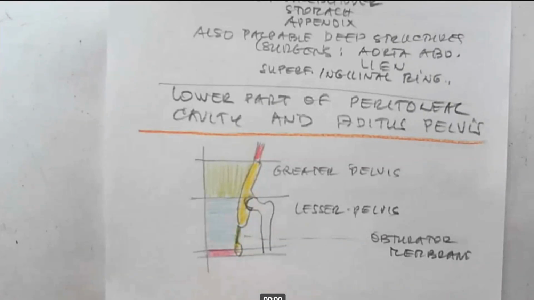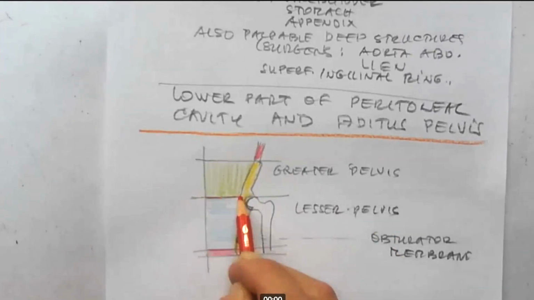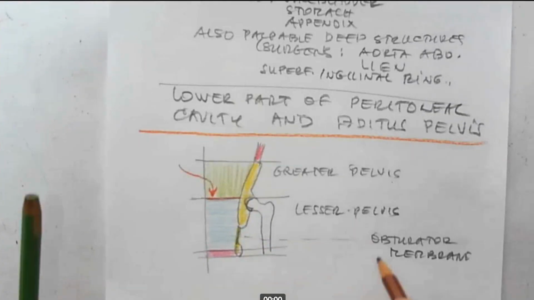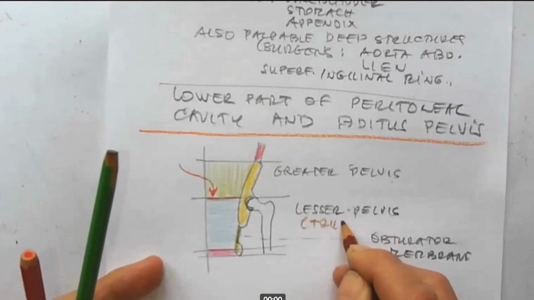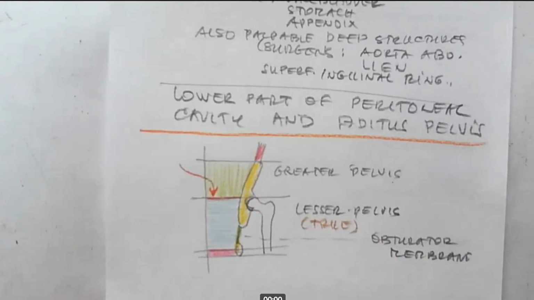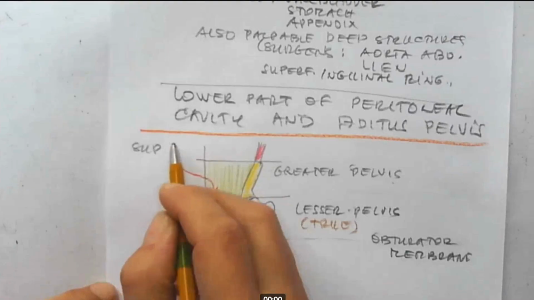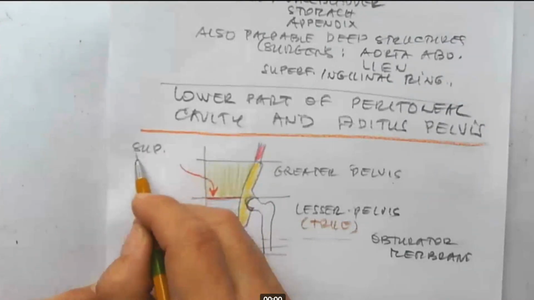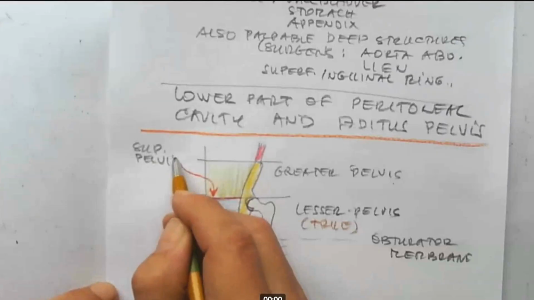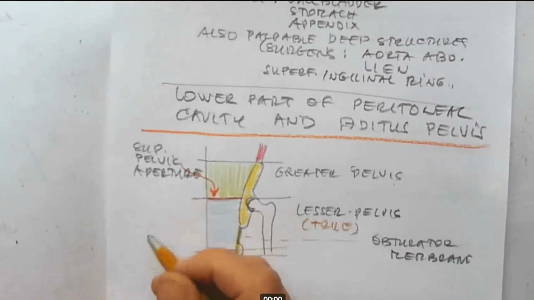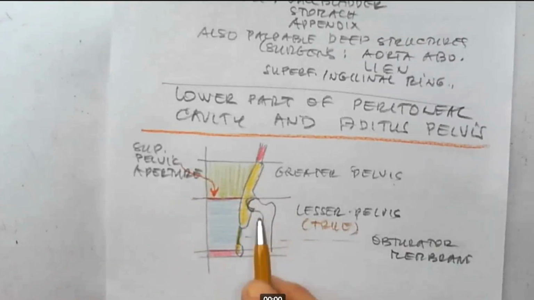Fine. So we see greater pelvis, lesser pelvis, and note please that on this line we are approaching the lesser, or also we call it true pelvis, and this additus is called superior pelvic aperture. We have to define it. No, it's not seen on the drawing.